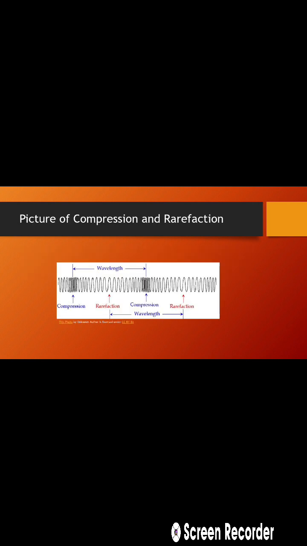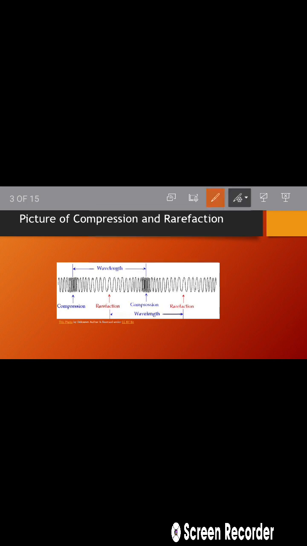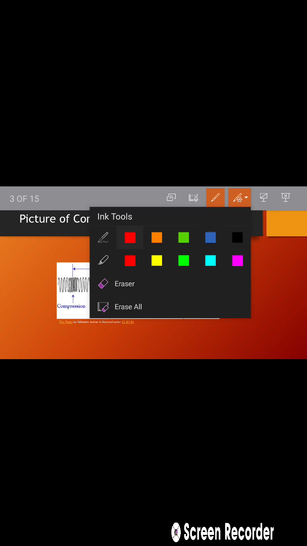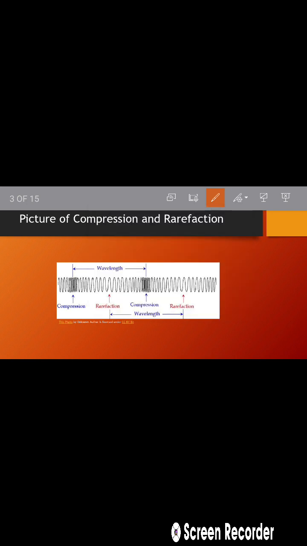Wait, let me show you a diagram. Taking the color blue, I am drawing the lines like this, like this.